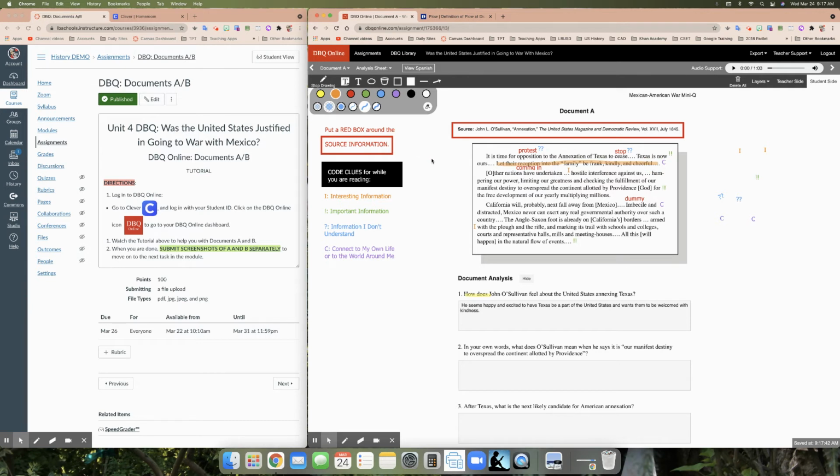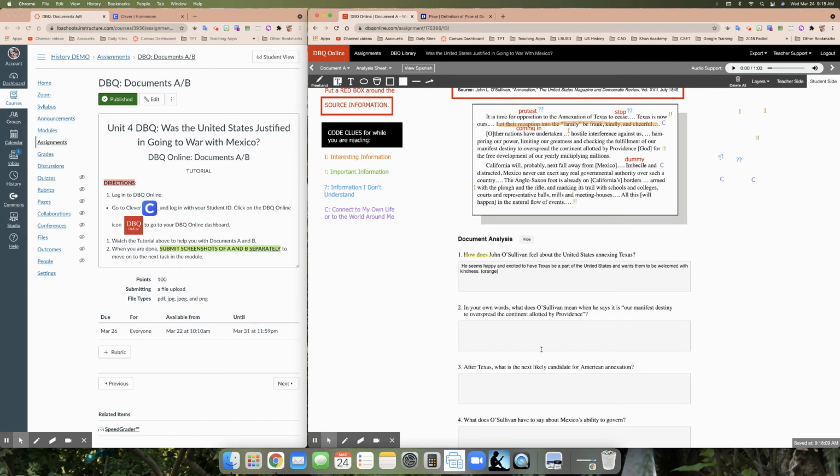In your own words, what does O'Sullivan mean when he says it is our manifest destiny to overspread the continent allotted by Providence? Well, if I break it down, he's basically saying it's our God-given right to join this land, to develop this land.